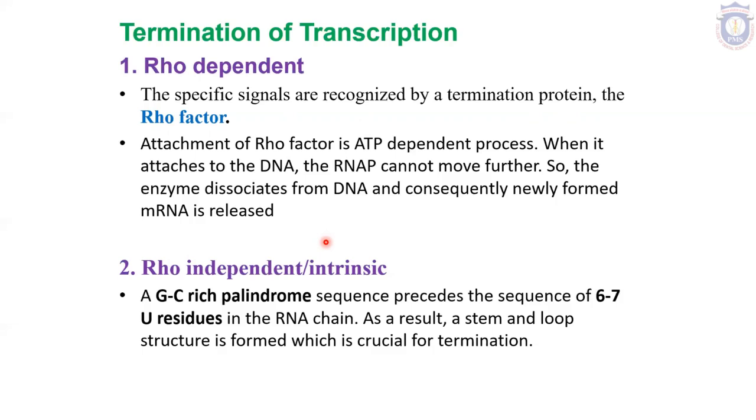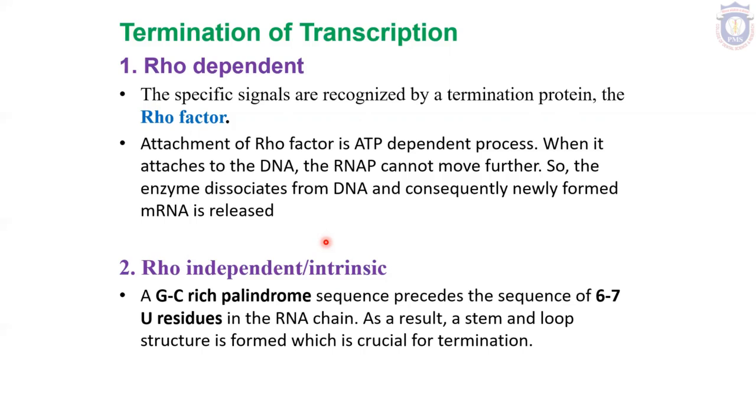Attachment of rho factor is an ATP-dependent process. When it attaches to the DNA, the RNA polymerase cannot move further, so the enzyme dissociates from DNA and consequently the newly formed mRNA is released. Once the mRNA is released, it will undergo post-transcriptional modifications to become the mature RNA.